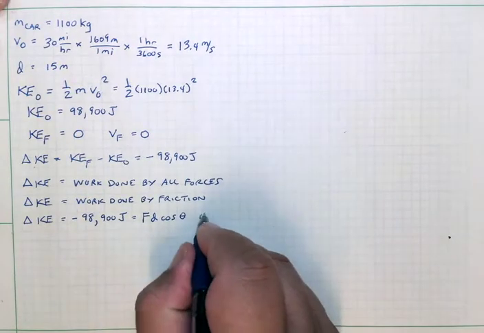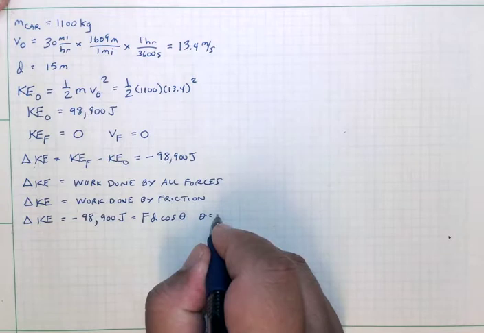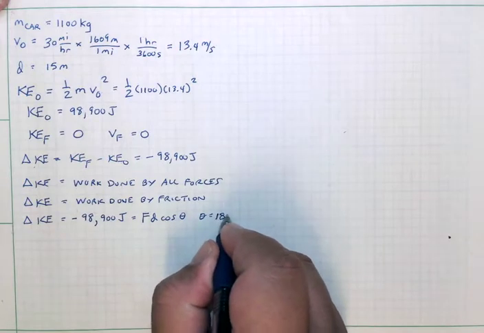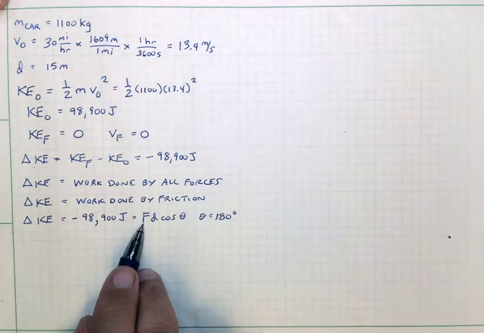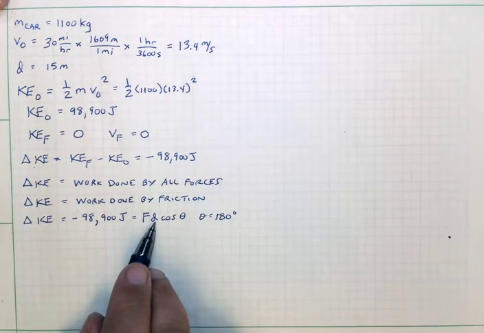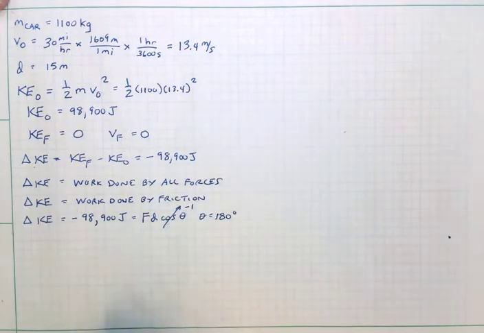Now theta is going to be equal to 180 degrees, because the force stopping the car is in the opposite direction of the car's displacement. If the car is moving forward, this force applied by the brakes is going to be backward. And that means the cosine of theta is going to be -1.